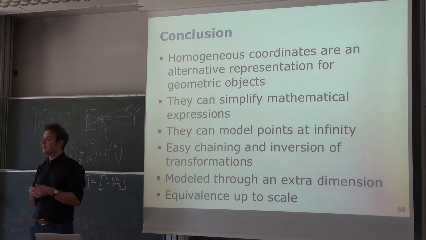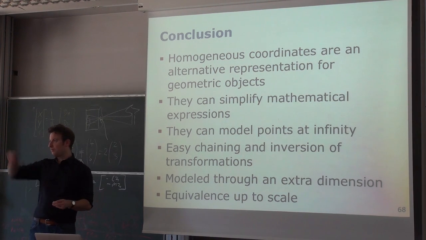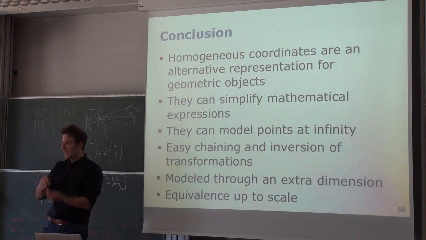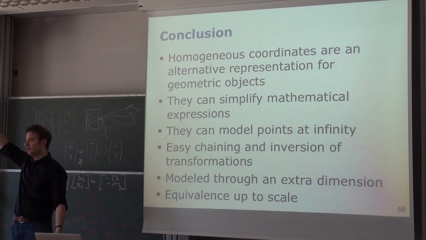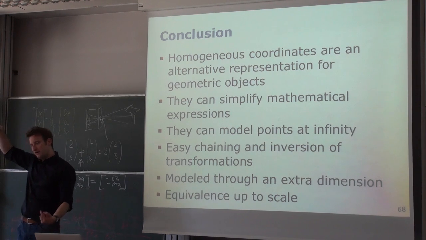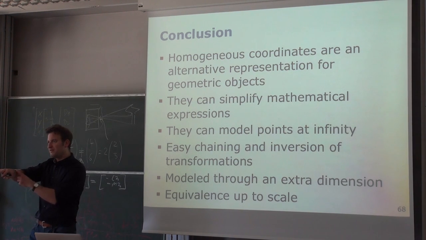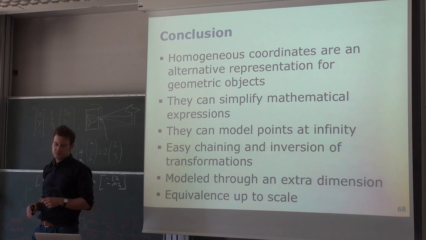Homogeneity is defined through this equivalence: an object is homogeneous if x equals a scalar times x, if the scalar is unequal to 0. So I'm somewhere along this line in this (n+1)-dimensional space, where it intersects with the n-dimensional space in which the last dimension is 1. This is the corresponding point in the homogeneous coordinates.